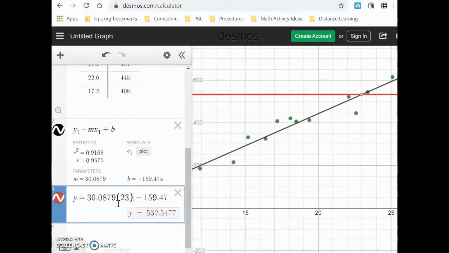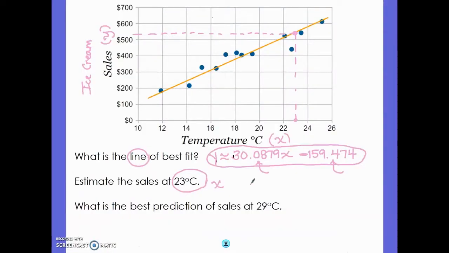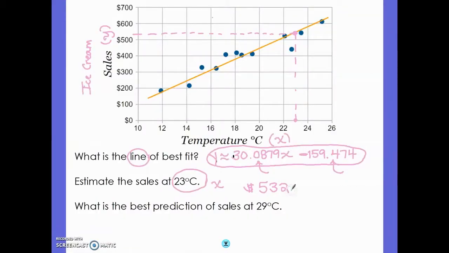If I replace that 23 for x, which is my temperature in this case, I get $532.54. So about $532.55. Makes most sense when we're talking about dollars to have two decimal places. So that's my best estimate.